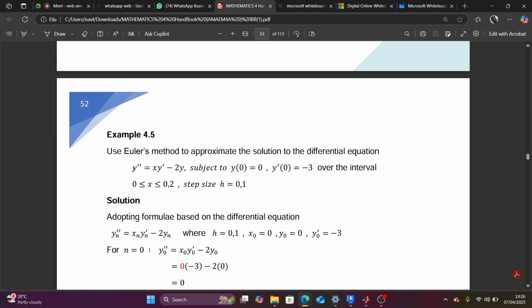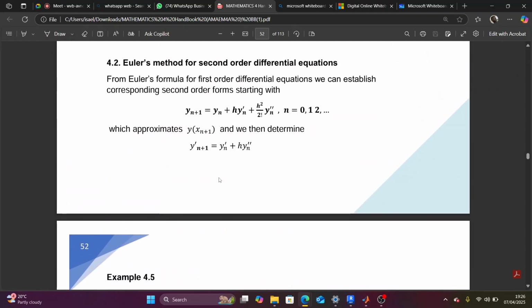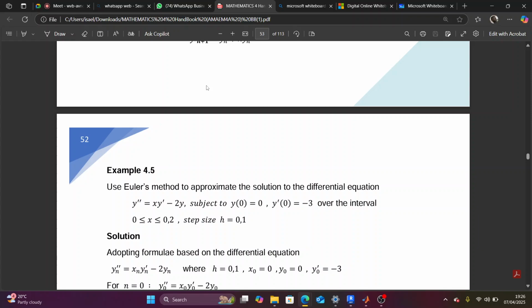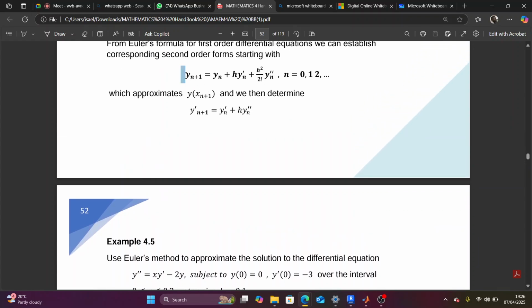The first rule is always to make y second the subject of the formula. On first derivative, we were making the first derivative subject of the formula. On the second order, we make the second order the subject of the formula. And all the steps are the same. What is our formula? What is the main formula here? This guy is the main formula.